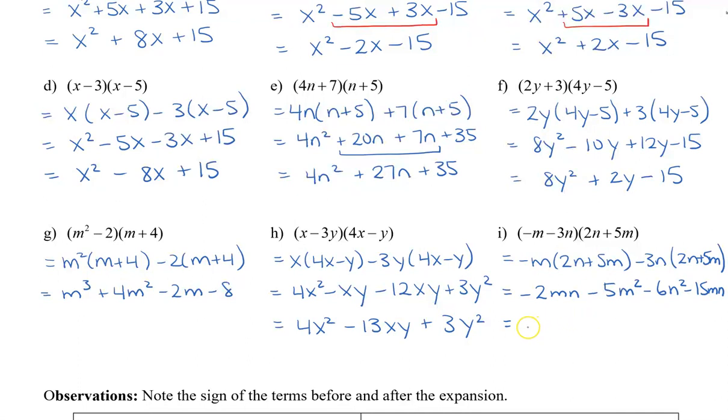And then putting in order, we have negative 5m squared minus 17mn, and then minus 6n squared. And that's how you multiply two binomials together.